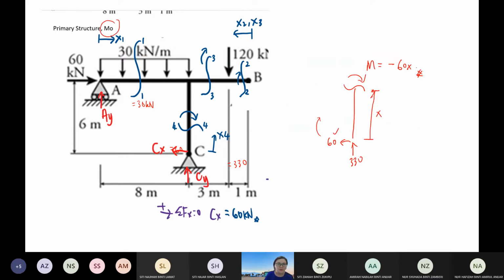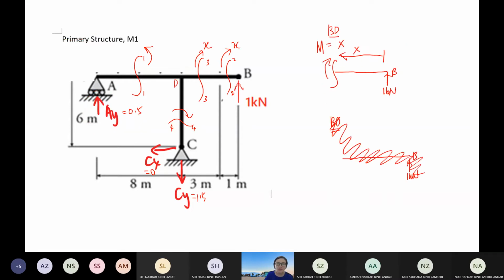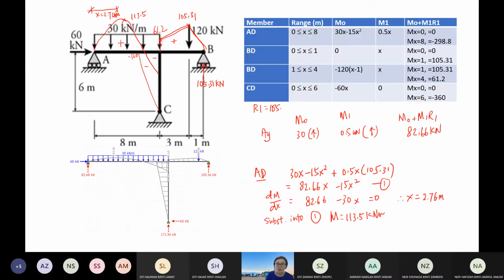Then you go to M1. Oops, this is not the primary structure, this is the redundant structure M1, and you look at AY, which is an upward force of 0.5 kilonewton. Now we can put in our equations.